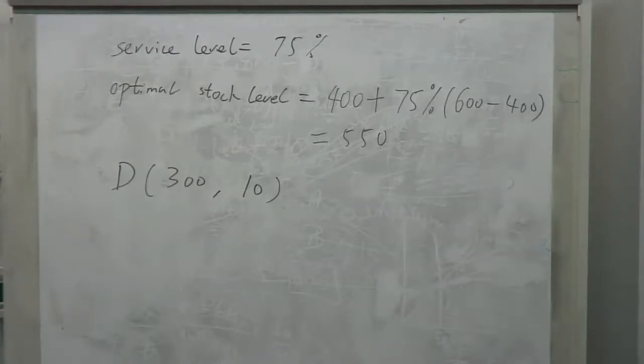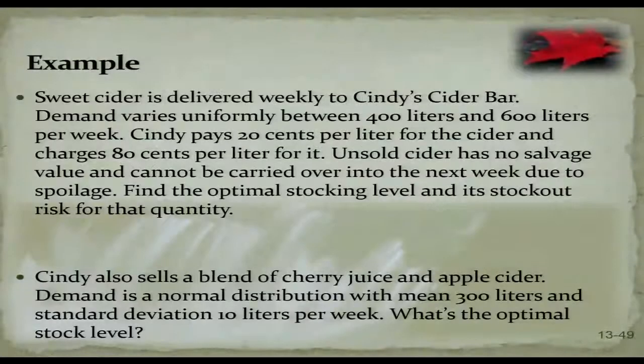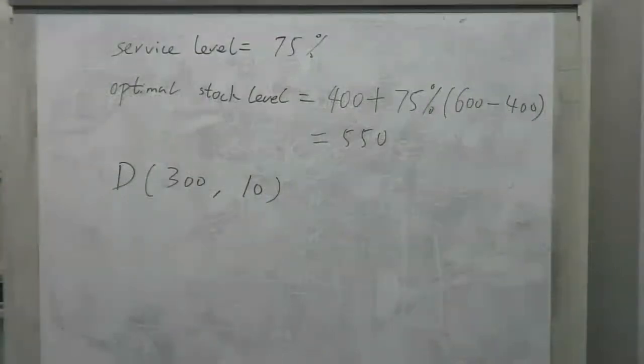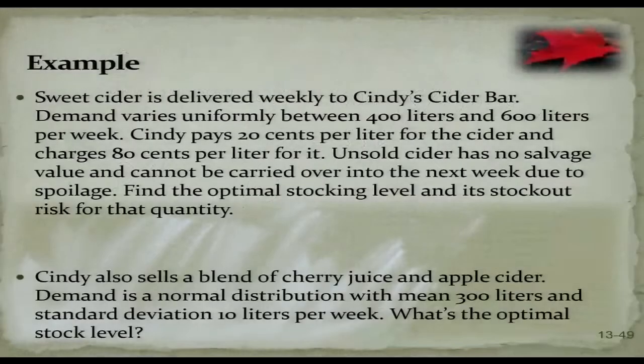Since the problem didn't mention anything about cost, we can assume the cost is the same as part 1, so we can calculate the service level in the same way. For the second part, the service level is still 75%. You don't need to worry about the service level. But the problem now is that we have a different distribution. We have to find the corresponding stock level for this 75%.